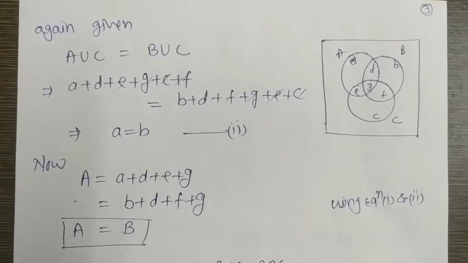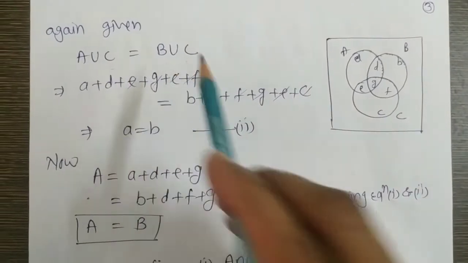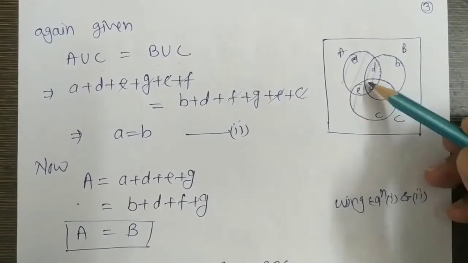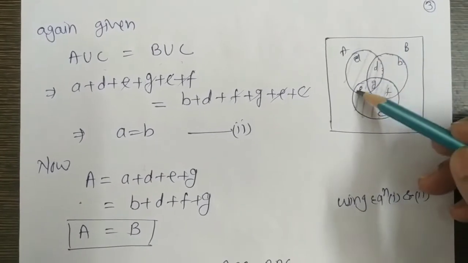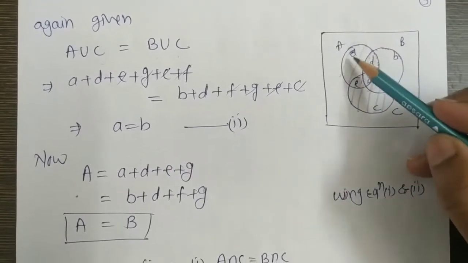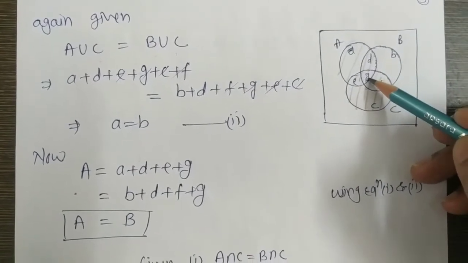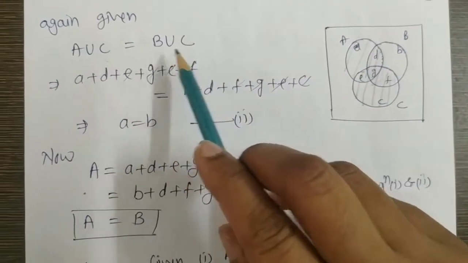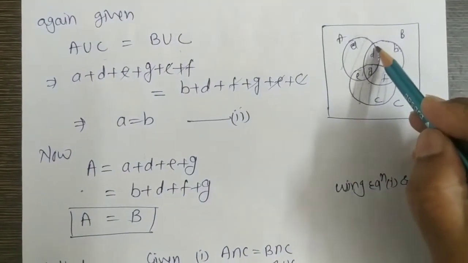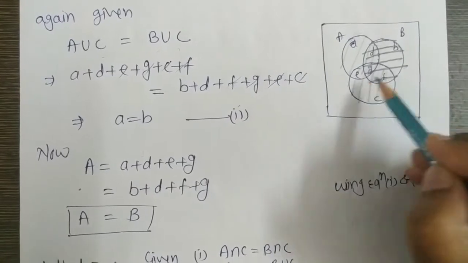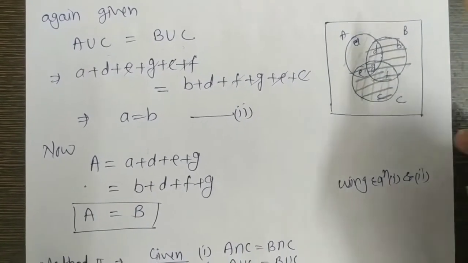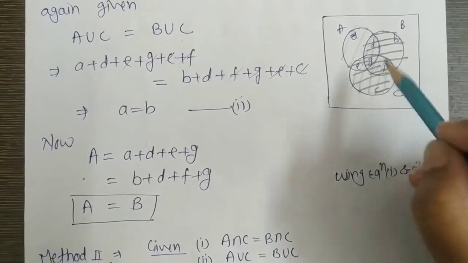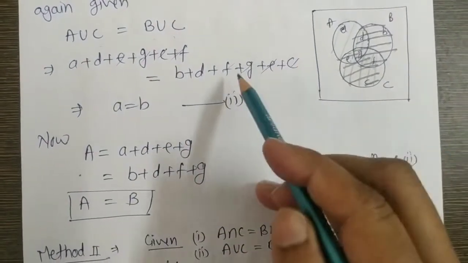Again, the second condition given is A union C equals B union C. Check here, A union C means this complete shaded part, complete A and complete C. It means A plus D plus E plus G plus F plus C. And for B union C, complete B and complete C. It means we will get D plus B plus G plus F plus C. By solving this, all the terms cancel out.